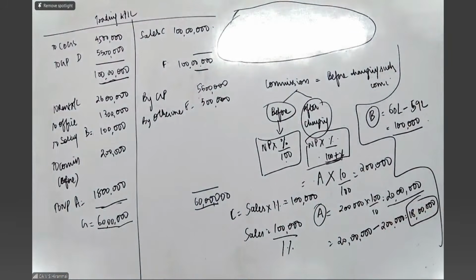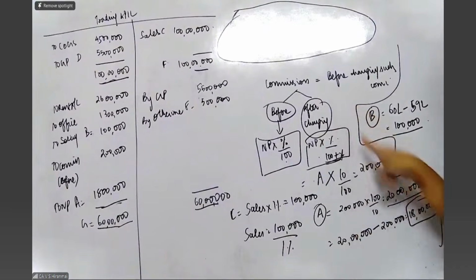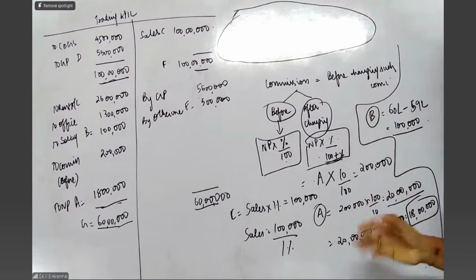Pari, you were asking me to do this practical question number 5. Madam, practical question 5. You asked me several times. Now did you understand? Everybody, did you understand this particular question? The first thing is only here. If you break this and get the answer of 18 lakhs, everything will come.